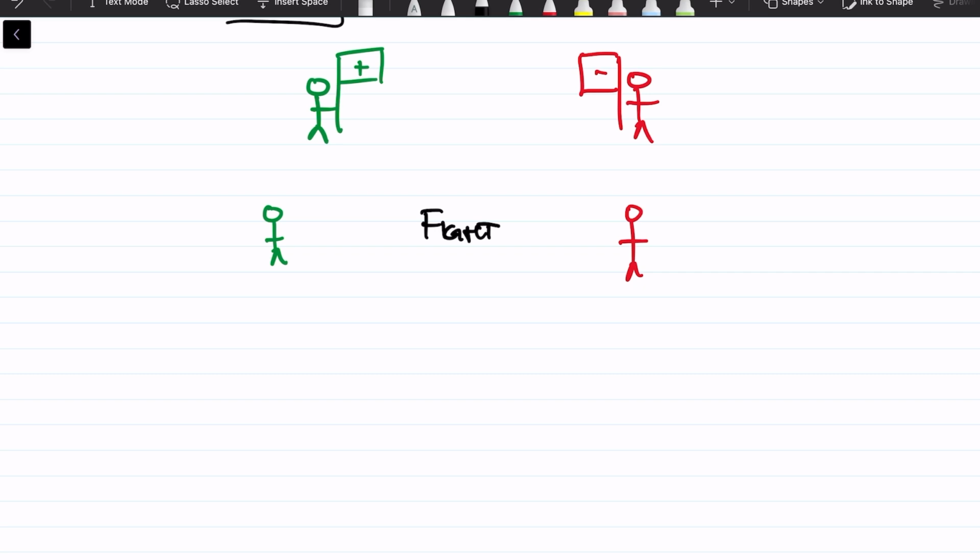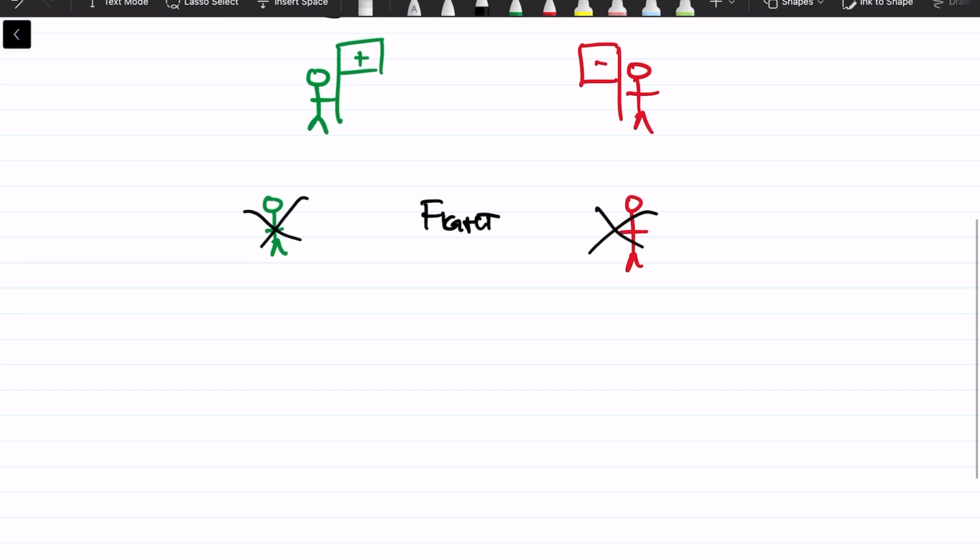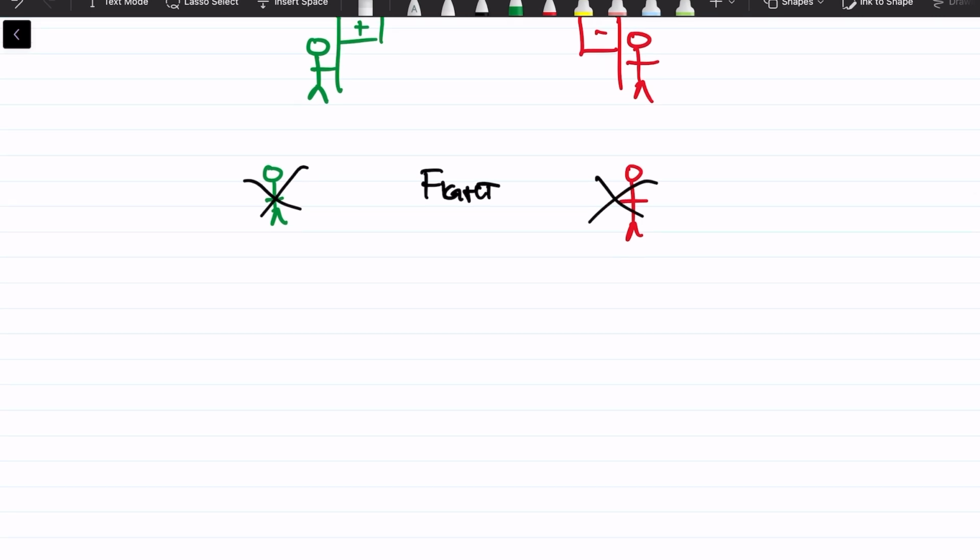Now, you have 0 soldiers because they managed to defeat each other. But now, if you have, let's say, 2 soldiers from the positive side and 1 soldier from the negative side, then, like we saw earlier, the bullets would cancel each soldier out, and I'm left with 1 soldier on the positive side.